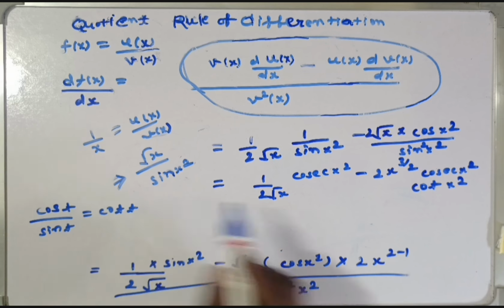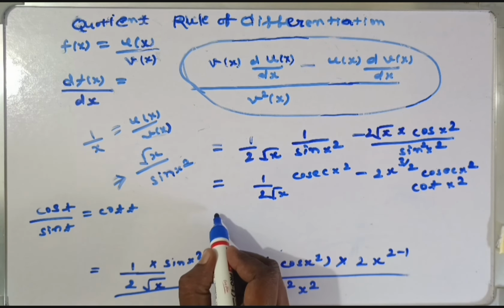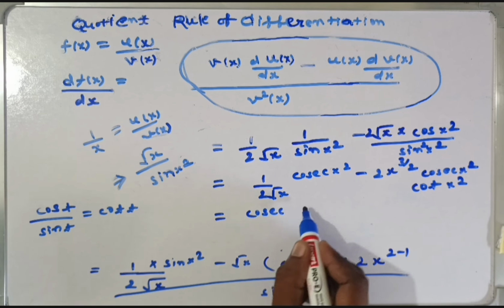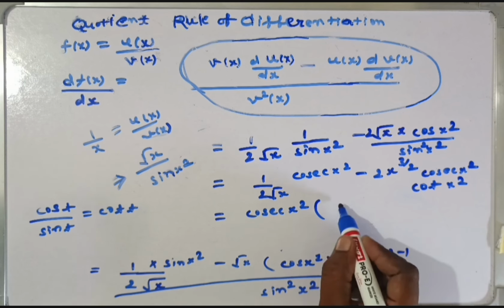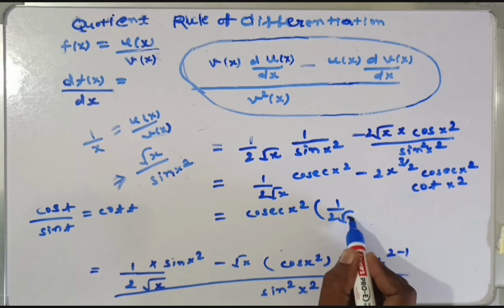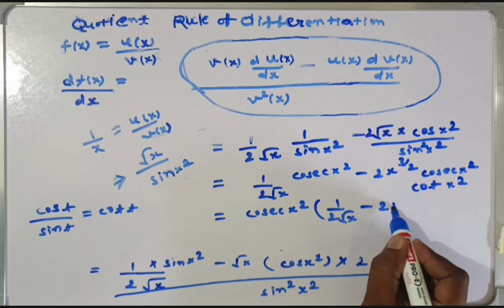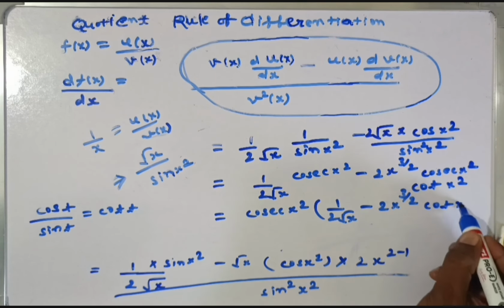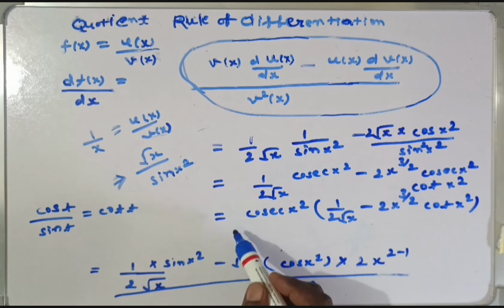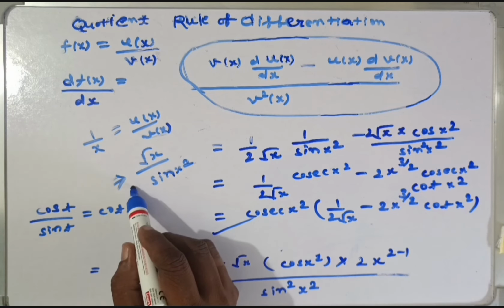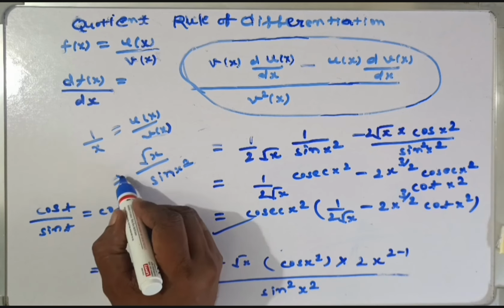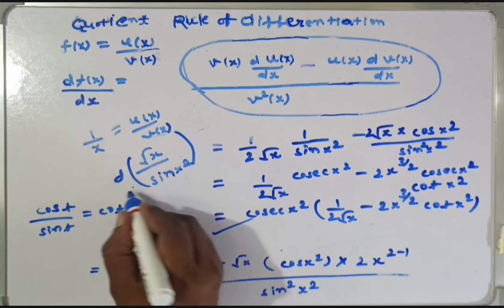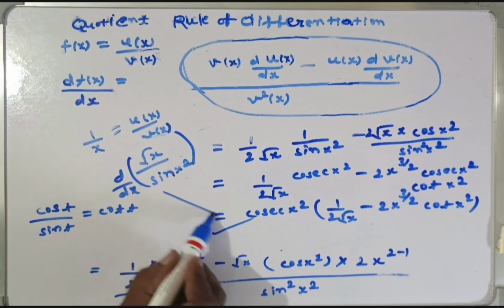So you can also write this by taking cos x square common, then 1 by 2 root x minus 2 x to the power of 3 by 2, then cot x square. So this is the derivative of this one. You can write the derivative of this with respect to dx finally this way.